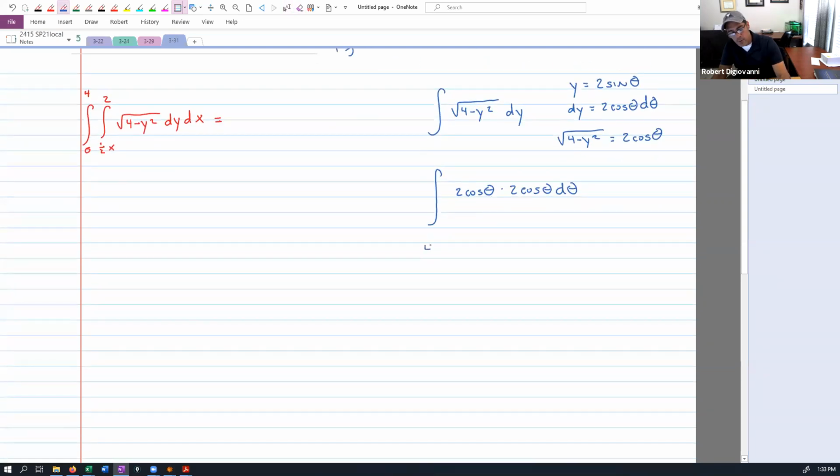Then we can pull out a 4, and we have cosine squared theta d theta. Once we see cosine squared, we can do a half angle identity or a power reducing formula, however you were taught. That becomes 1/2, and then 1 plus, anyone know?